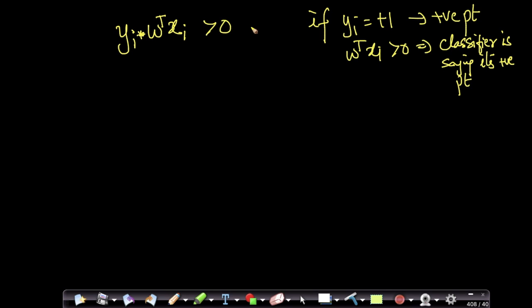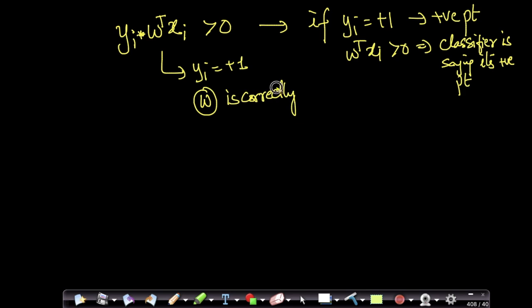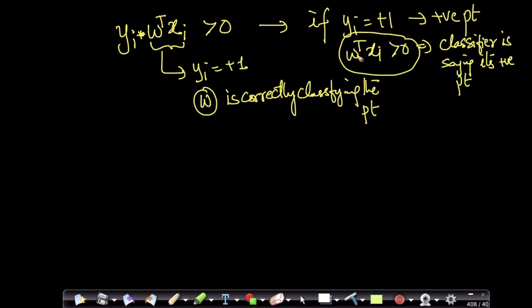If this is greater than 0 and Yi equals plus 1, then my plane represented by W is correctly classifying the point, because W transpose Xi is greater than 0, my plane is saying that Xi is a positive data point, and the actual true label is also positive.